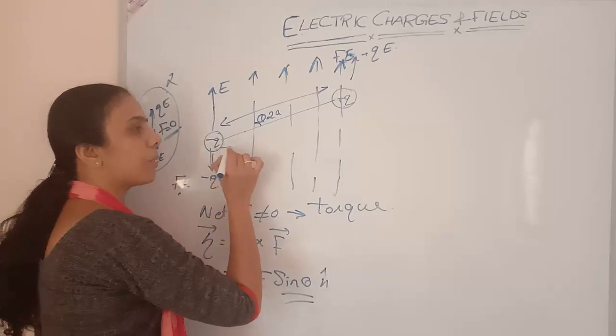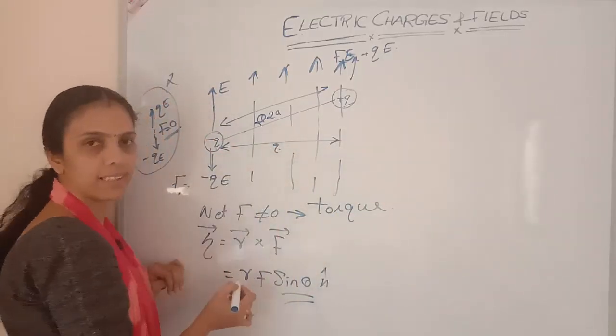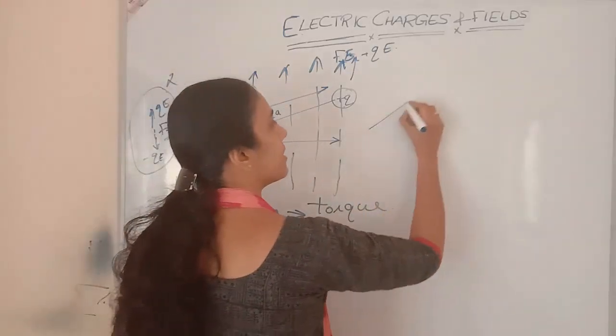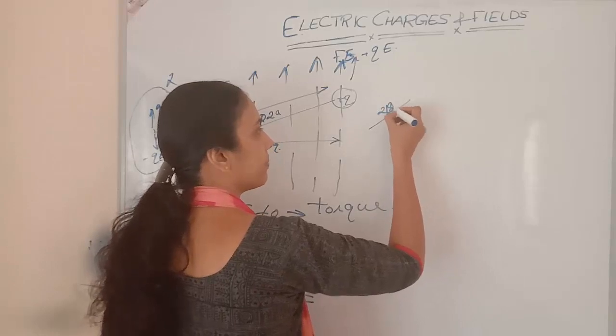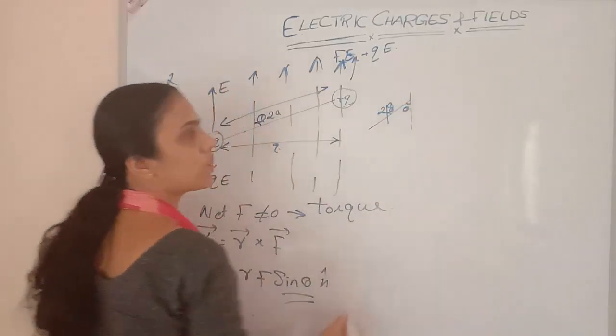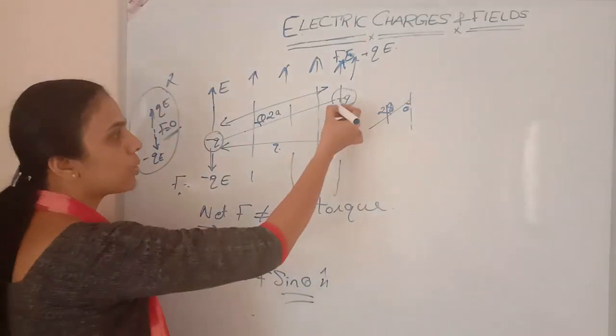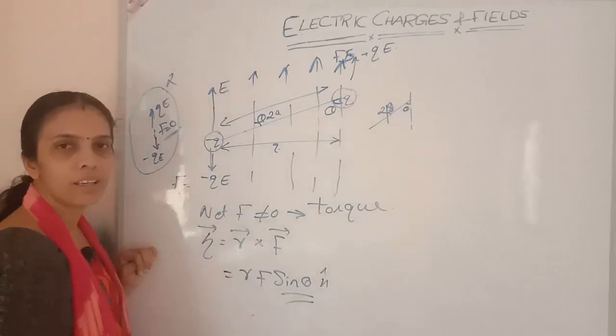What will be this perpendicular distance? How can we find this perpendicular distance? See, this is 2a, which is making an angle theta here. So if this is the electric field, this angle also will be theta, right?